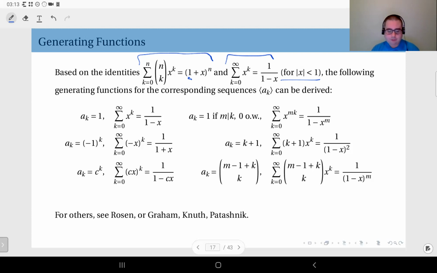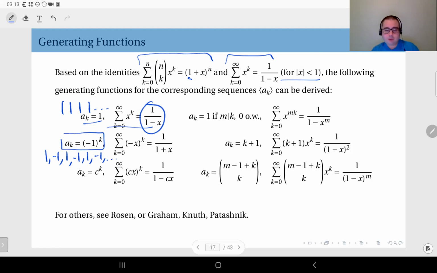Obviously, for instance, if your sequence consists of all ones, like 1, 1, 1, 1, and so on up to infinity, your generating function is 1 over 1 minus x due to this identity. And similarly, if it is an alternating sequence like 1, minus 1, plus 1, minus 1, and so on, essentially this is the sequence minus 1 to the power k, where k starts from 0.